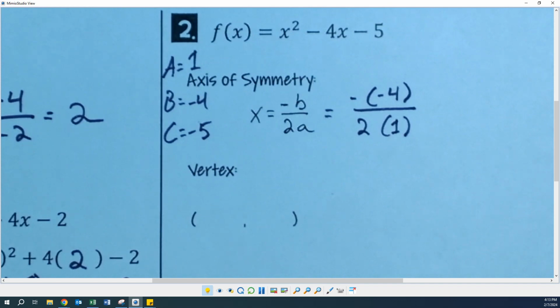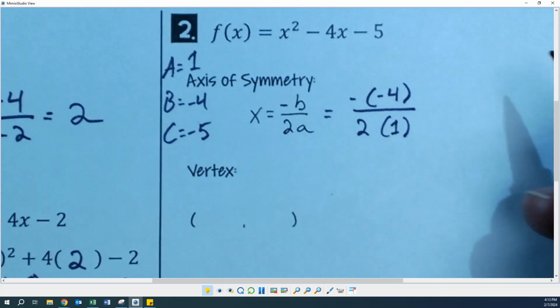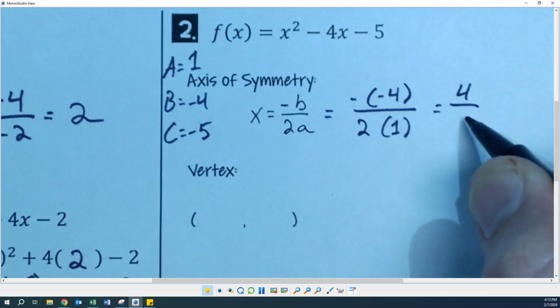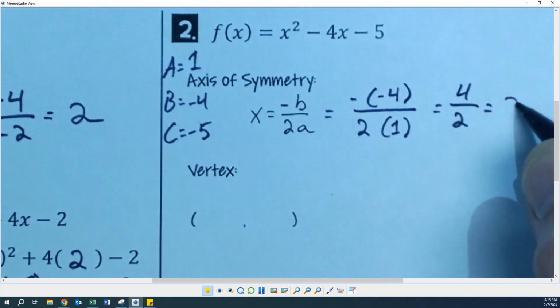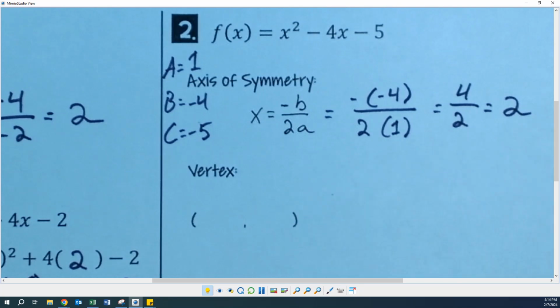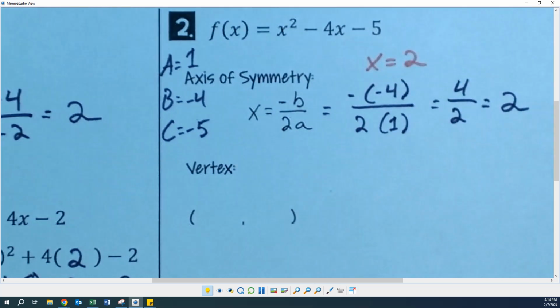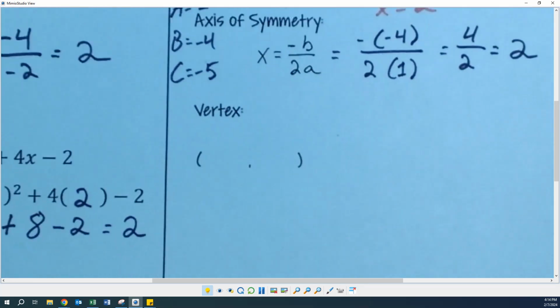Go ahead and calculate this out to find your axis of symmetry. What you should have done is this on top should become positive. 2 times 1 is 2. 4 divided by 2 is 2. So your axis of symmetry, just like the last problem, also happens to be x equals 2. So therefore, your vertex x value is 2.